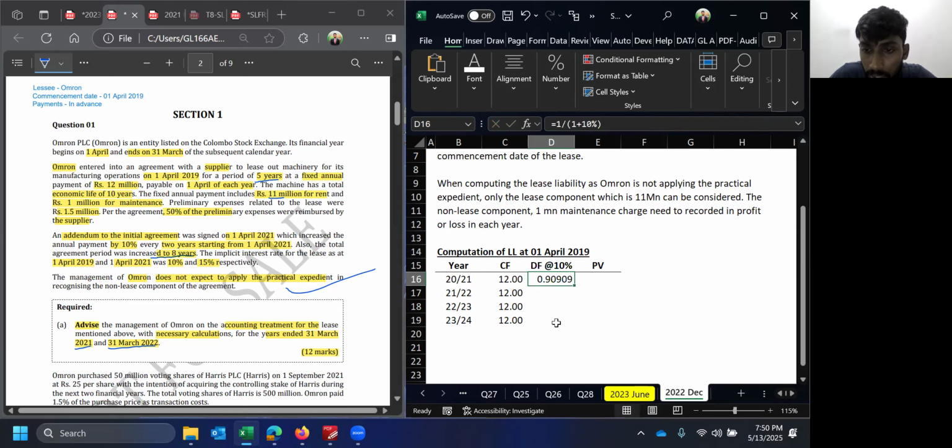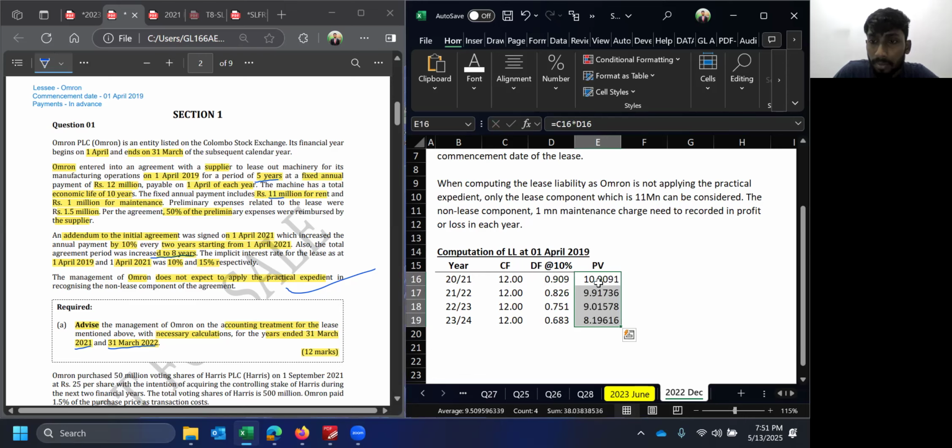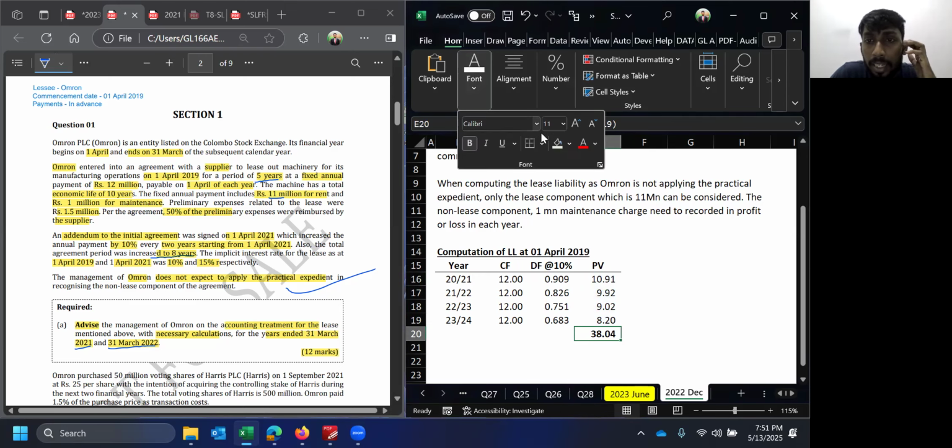So it is 0.909. This is year one. Then this divided by 1.1. Then I can get the present value here. So I got initial lease liability as 38.04.